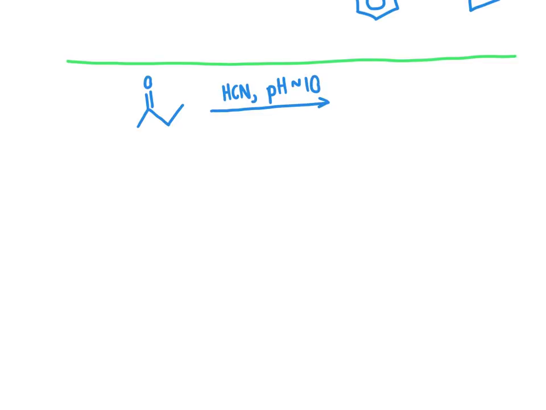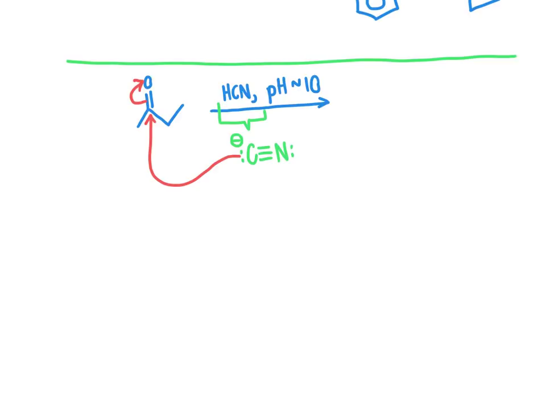When you see that, that's a clue that we're working under basic conditions here. The mechanism at play is going to be very analogous to what we saw for our previous examples. Keeping in mind that our carbon atom is going to act like a carbanion, that carbon acting as an anion will come over and attack the carbonyl group, forcing the pi electrons up onto the oxygen.